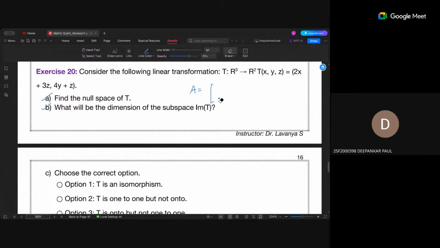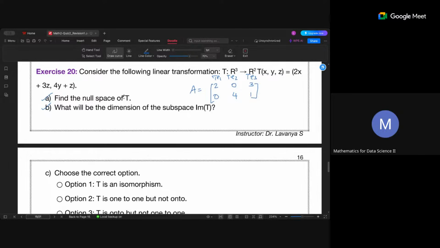It's a 2 by 3 matrix, no? Yes, so you will get 2 and then 0. TE1, TE2 means 0, 1, 0, so you have 0 and 4, and TE3 means you have 3 and 1. So this is the matrix you have.